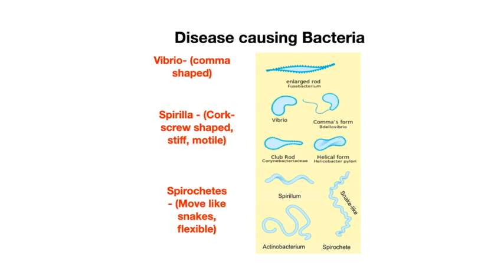Our last session focused on the beneficial bacteria, and we'll now look at the disease-causing bacteria, the wriggly ones with the funny shapes: the spirochetes, the spirillum, actinobacteria.